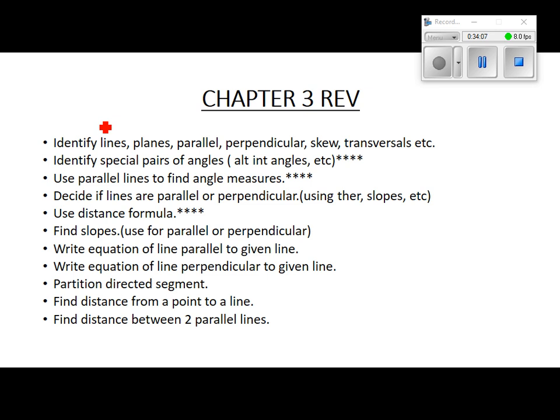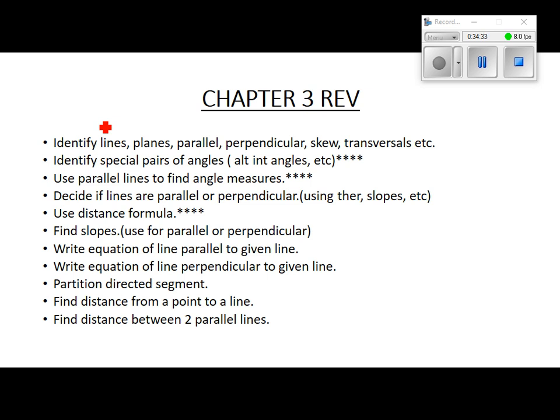Name me 2 skew lines, you might name this one and this one down here. Or I could say, I've got these 2 lines right here where my hands are. What are they to each other? Parallel, perpendicular, or skew? They're parallel to each other, right? Be careful and don't think that those are skew. There is some plane that would cross through there.